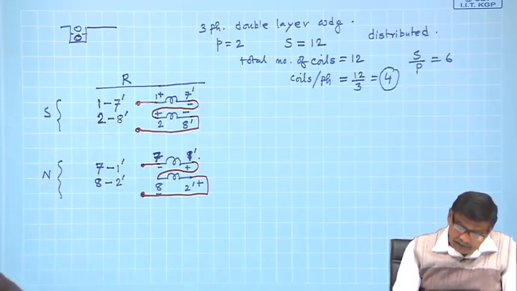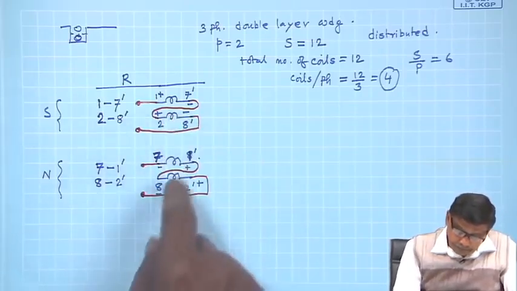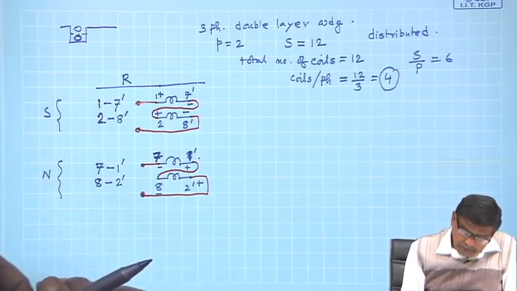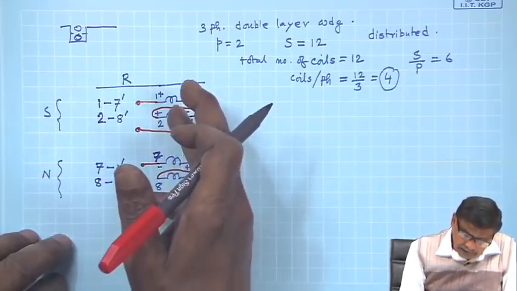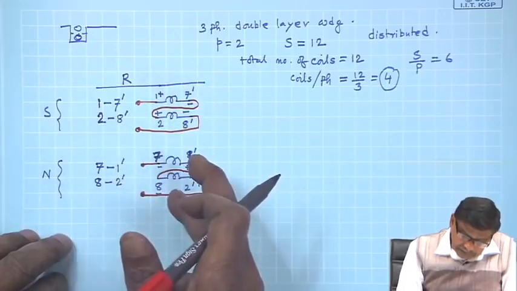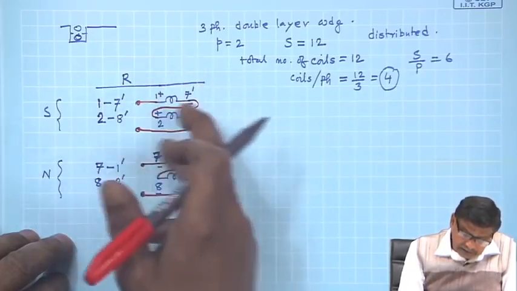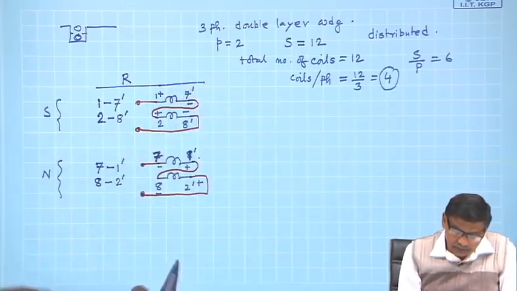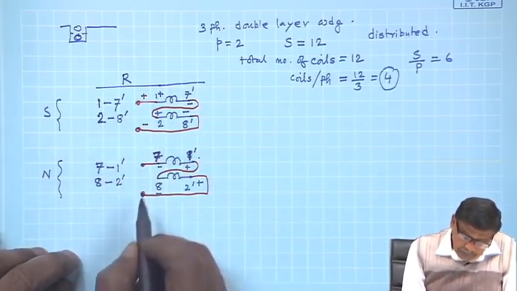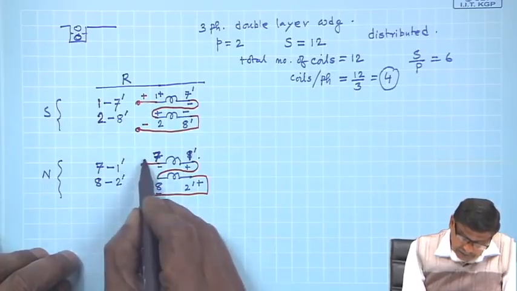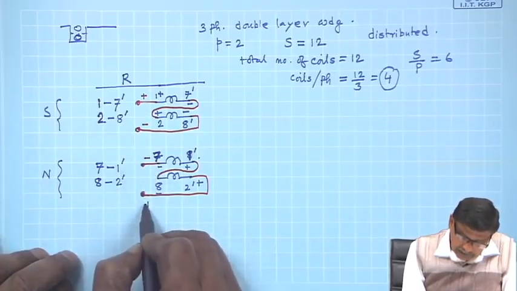Now, the voltage. Therefore, ultimately what you will do, you will connect these 2 groups in series, then one should be careful about the connection. This is the minus and this is plus.